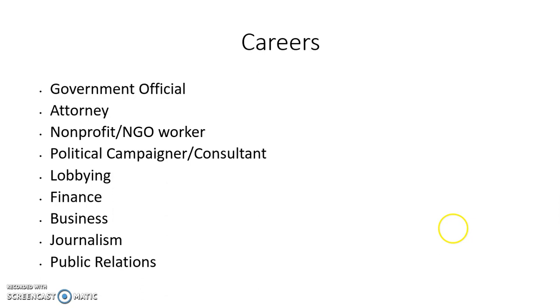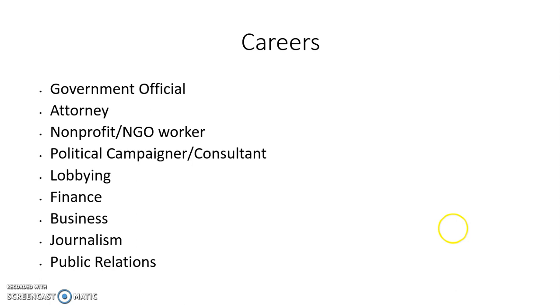Many who study political science also go into business, finance, or banking. A lot of those careers rely on you being knowledgeable about developments in politics. So political science majors are oftentimes successful in business or finance.